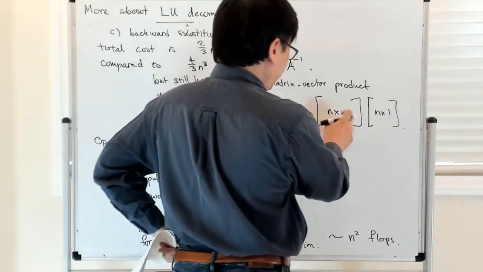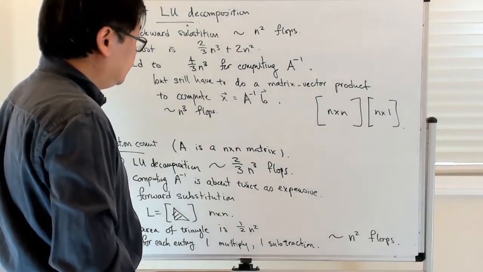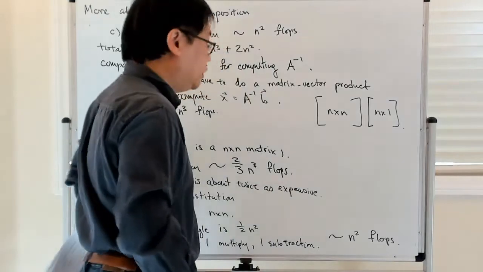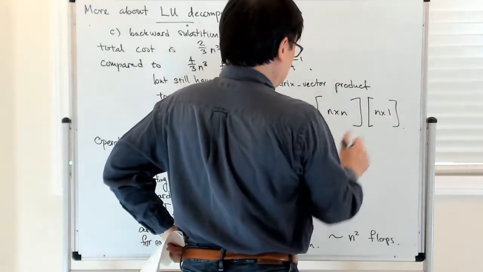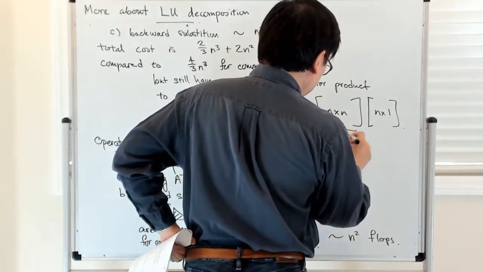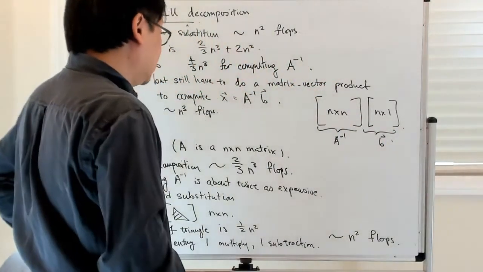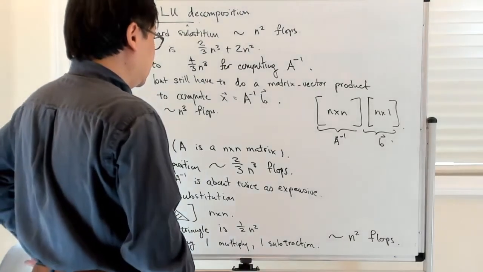Because this A inverse is usually a full matrix. We don't necessarily assume that it has any sparsity pattern at all. And then that's the right-hand side, so this would be A inverse, and this would be b. Sorry, that's not what I want.